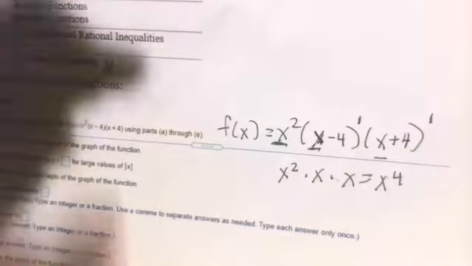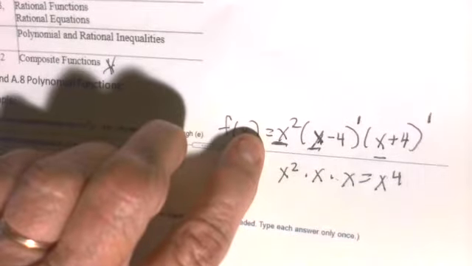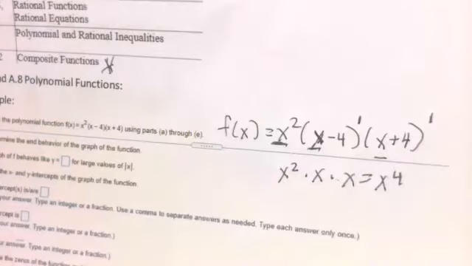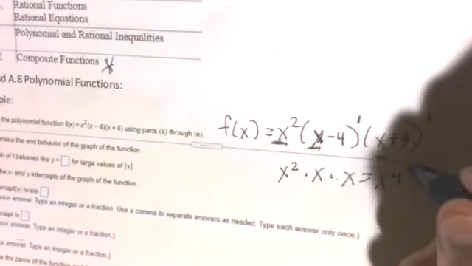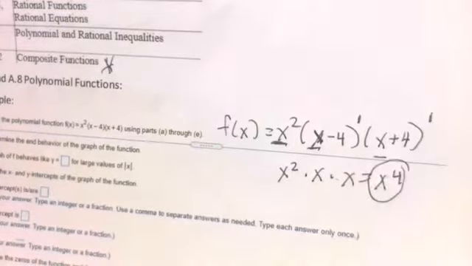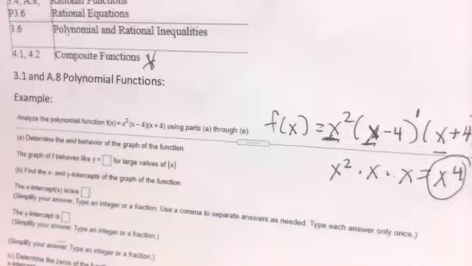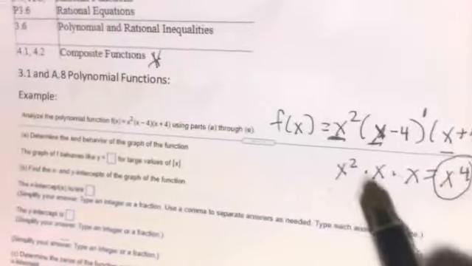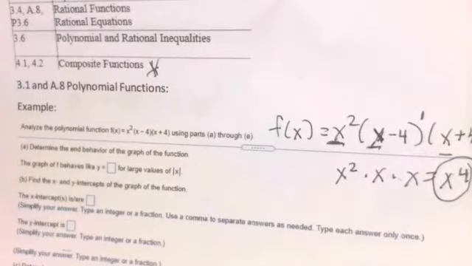And if I had a constant out here, like a 2 or a -1 or whatever, that would also be multiplied times the leading term. So this term determines the end behavior, and it really determines a lot about how the function is going to look. And when we're talking about end behavior, a lot of times we're talking about graphing.